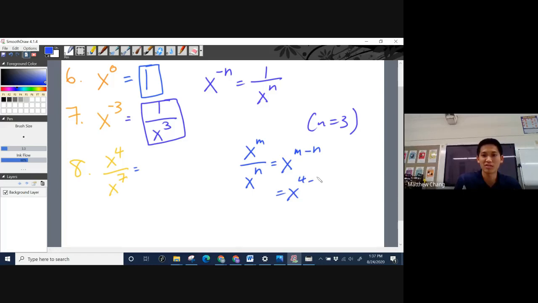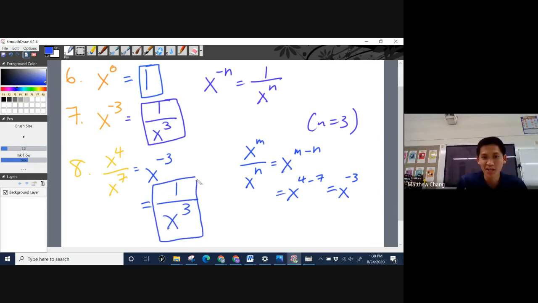So x raised to the 4 minus 7, and 4 minus 7 is negative 3. If I put a plus and a minus here, 4 plus a negative 7, you get x raised to the negative 3. Now we can simplify this further: it's the same thing as 1 over x cubed. So believe it or not, these two expressions are the same thing.